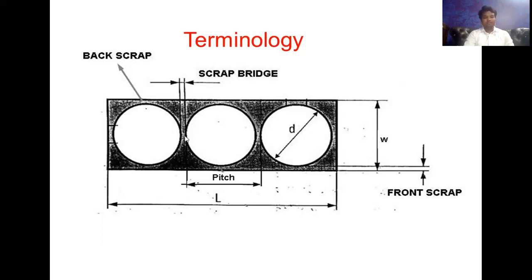Then from the starting point of one blank to the starting point of another blank, we call it the pitch. So you can see, this is the front scrap that is in front of the operator. This is the back scrap that is away from the operator. This is the scrap bridge, and this length, from the start of one blank to the next, we call the pitch.